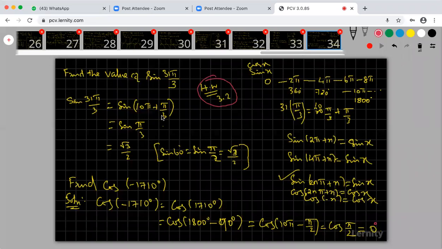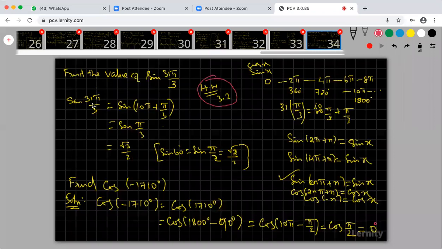This root 3 by 2 is the numerical value. 31 pi by 3 is given in radian. Some students are asking whether we can write it in degree. Yes, we can write it in degree also. No problem.